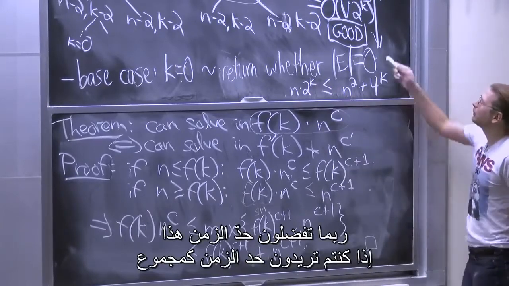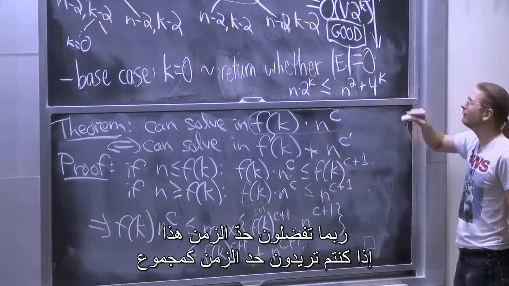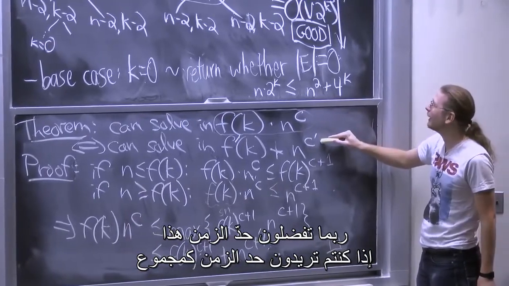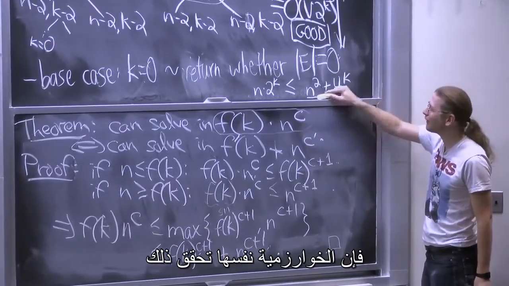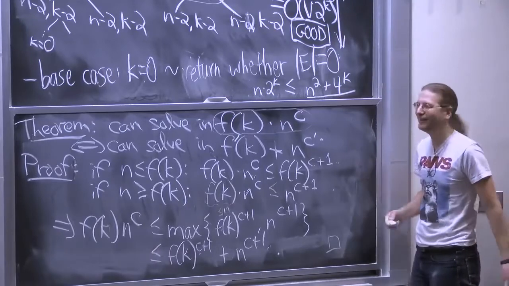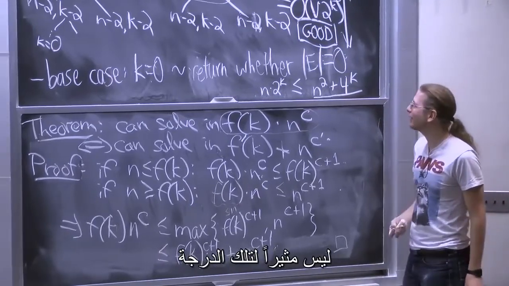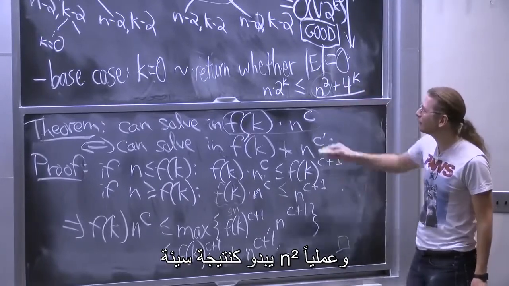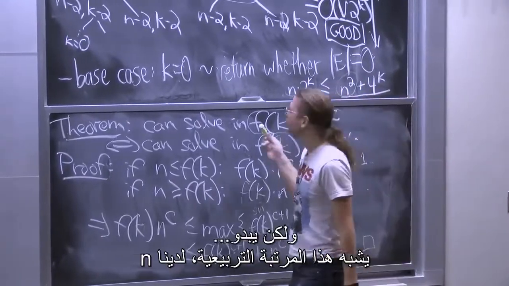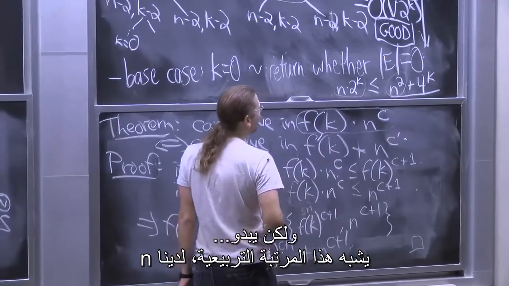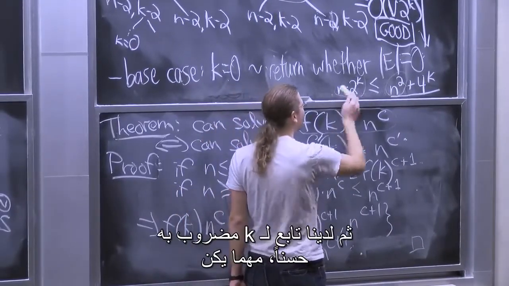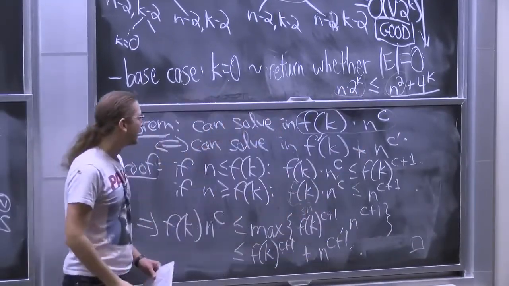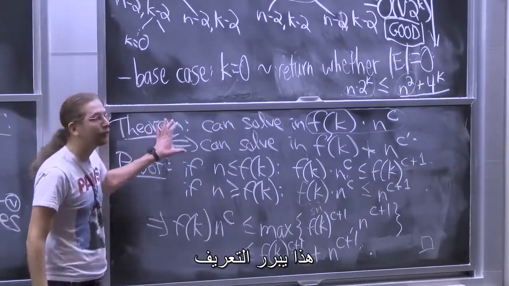Probably you prefer this time bound, but if you really like an additive time bound, the exact same algorithm satisfies this. Okay. So not that exciting. In practice, n squared looks like a bad thing, so you probably prefer this kind of running time. But there is a sense, there's a quadratic thing going on here in that we have an n and we have a function of k multiplied together. Okay, whatever. All right, so this justifies the definition.